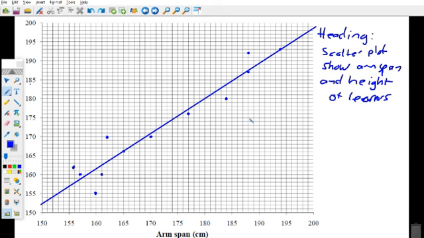Because it is a positive graph, it has a positive gradient, therefore that means there's a positive correlation.